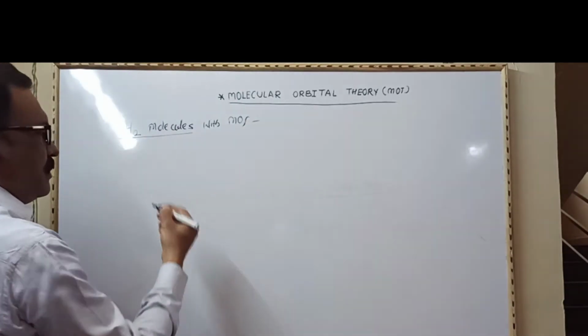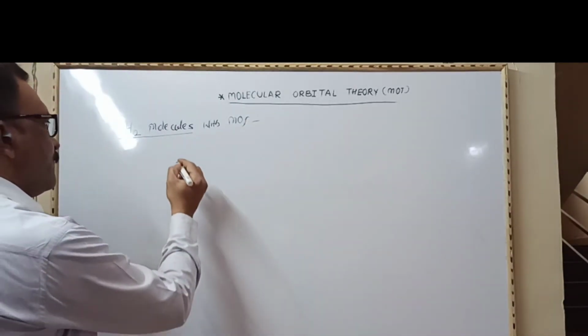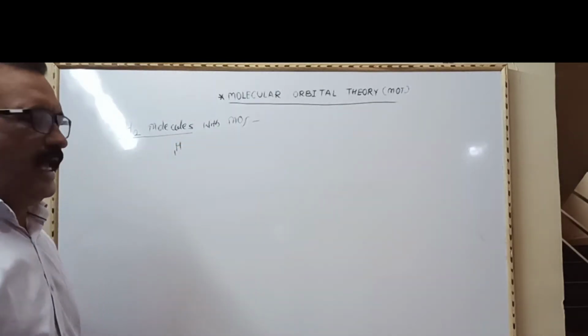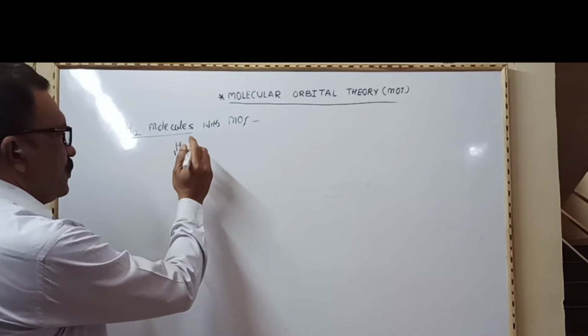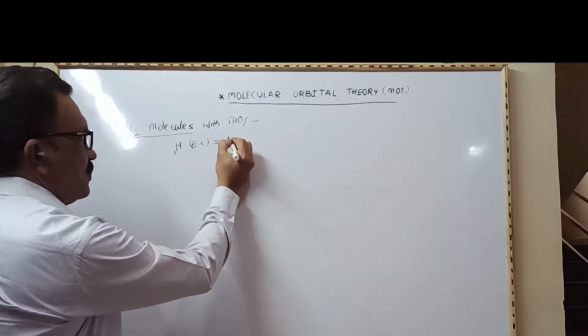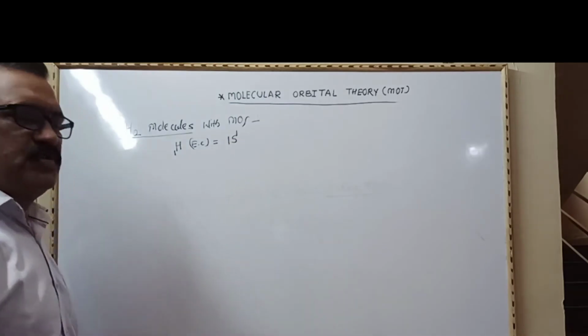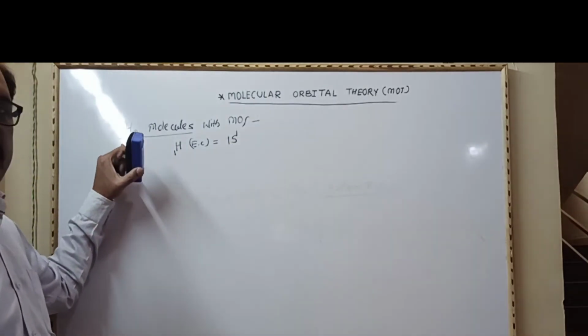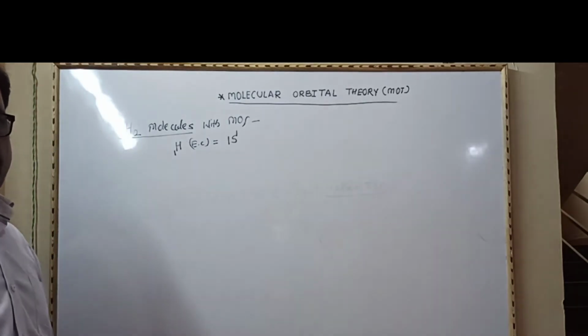Hydrogen contains two hydrogen atoms. The atomic number of hydrogen is equal to 1 and hence its electronic configuration is 1s1. That is, two hydrogen atoms are present in the hydrogen molecule.